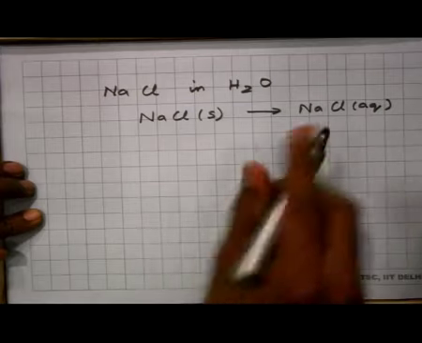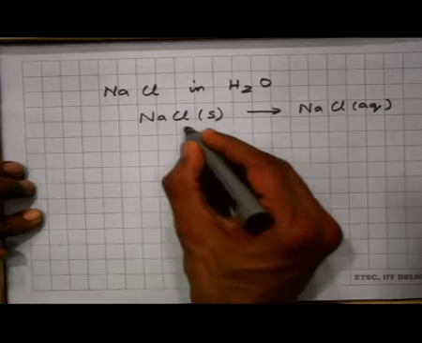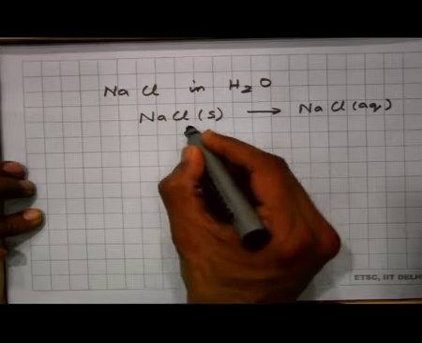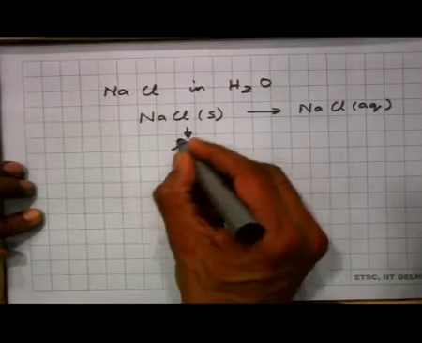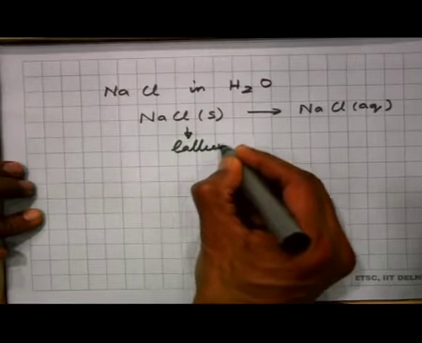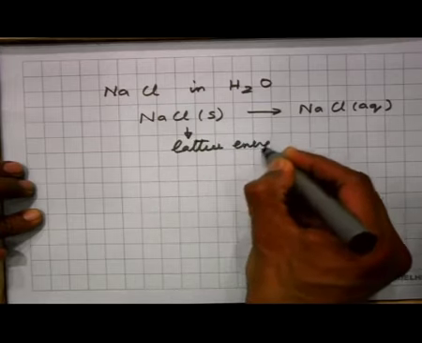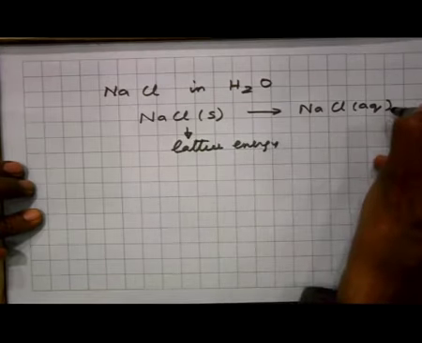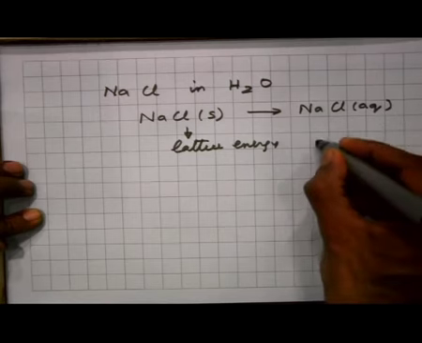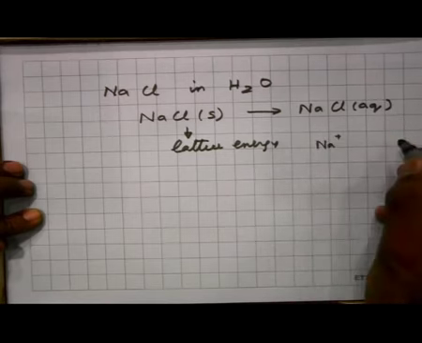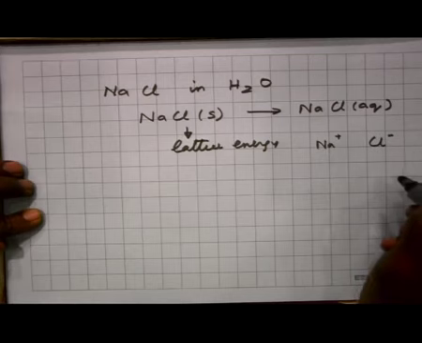And what we said earlier is that to go from here to here, the thing that keeps this together is the lattice energy. And when NaCl goes into water, what you are going to get is Na+ and Cl-.